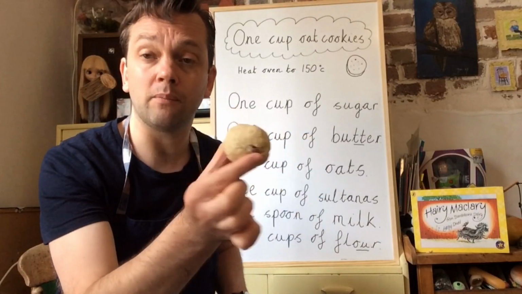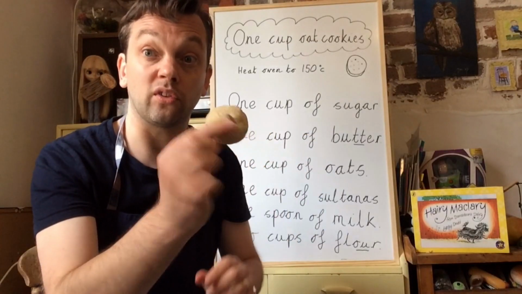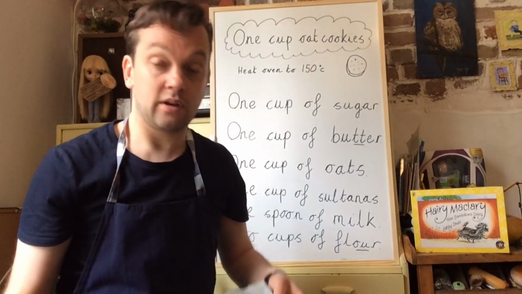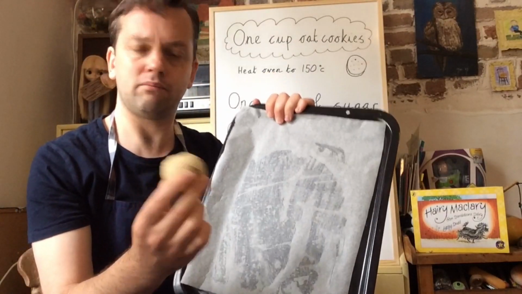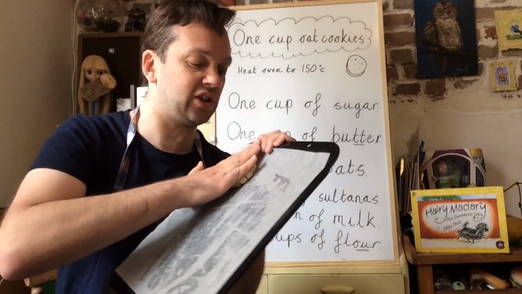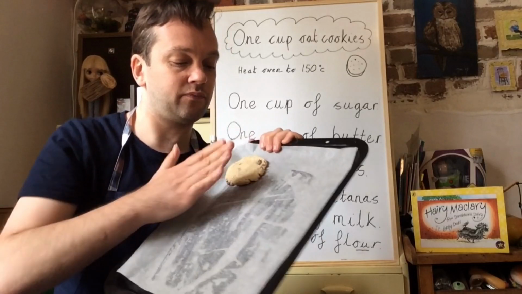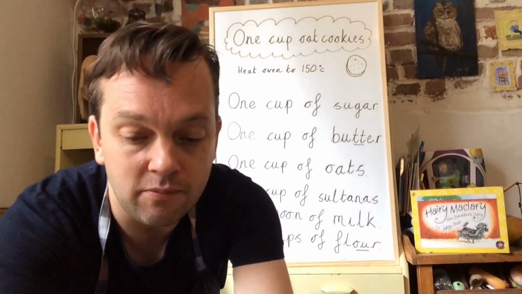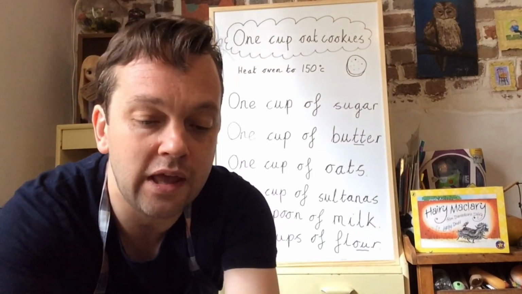That's a sphere. It's not a circle, because a circle would be flat, but this is a sphere. Now, you get your sphere, you put it on your baking tray, and then you squish it down. So it's become the shape of a cookie. And then you do it again for your next cookie.